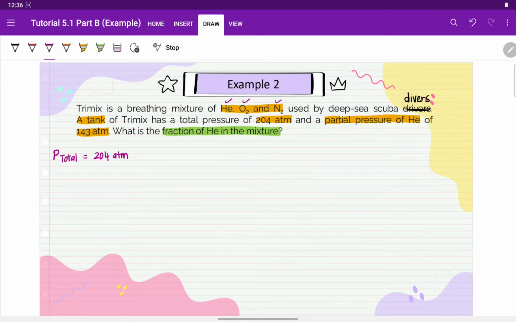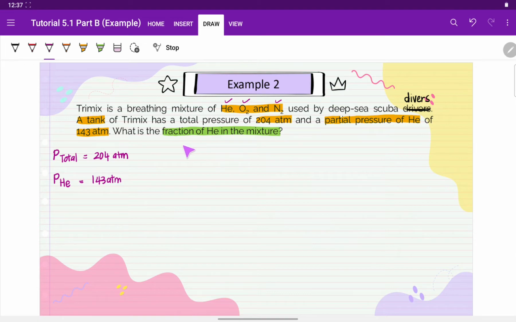Okay, then what other information does it give? Okay, it gives us the partial pressure of helium. So, the partial pressure of helium, P helium, is 143 atm. Now, what does the question ask us?